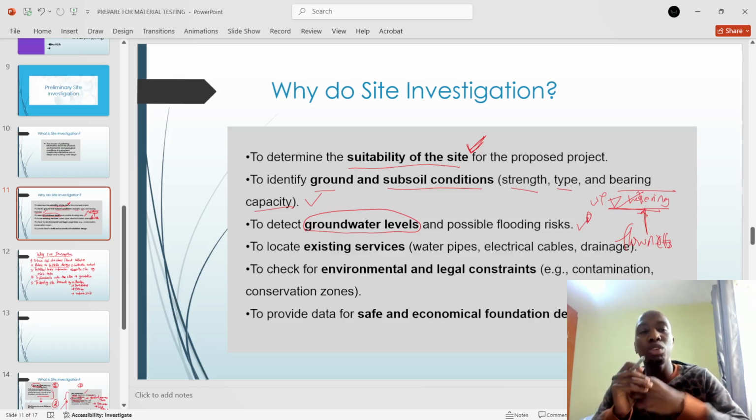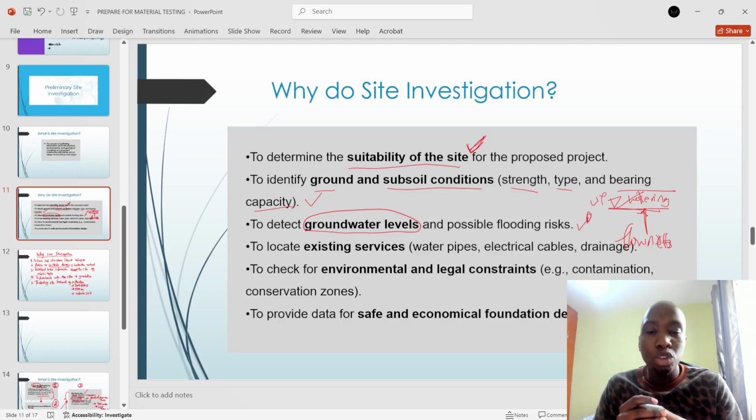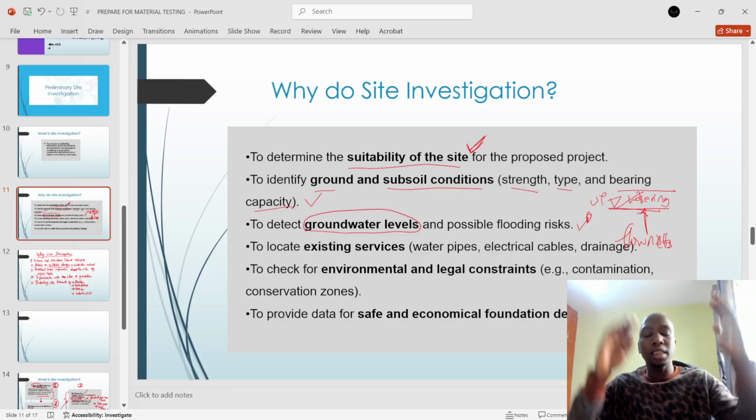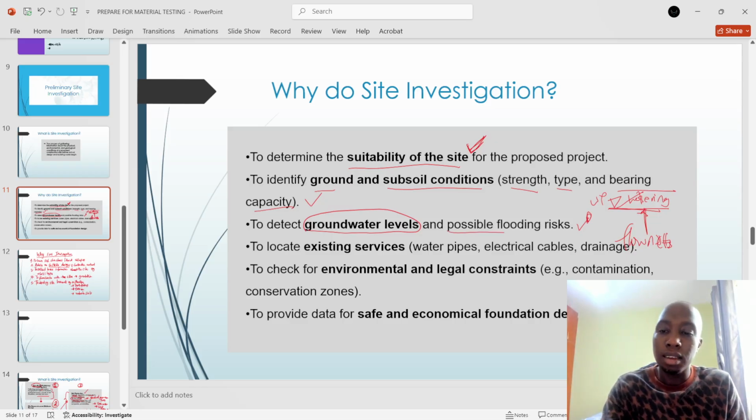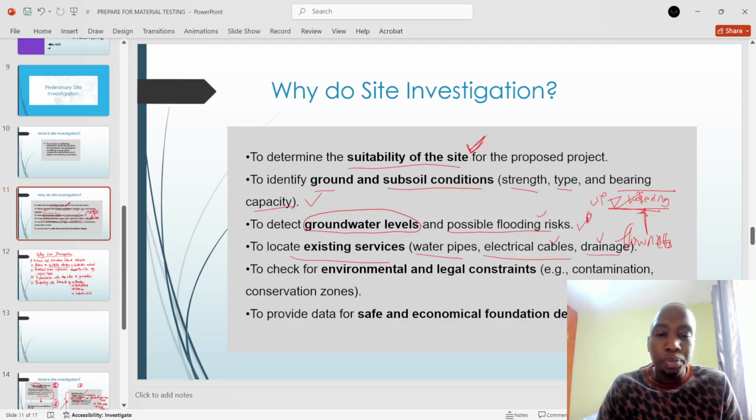Unapata site ilikuwa juu lakini imeteremka juu ya changes in groundwater levels and possible flooding risk, as you guys have told me. Locating existing services, kama water pipes ziko wapi ndio usikuje upasue, electric cables ziko wapi, drainage iko wapi. Also check for environmental and legal constraints in that area.